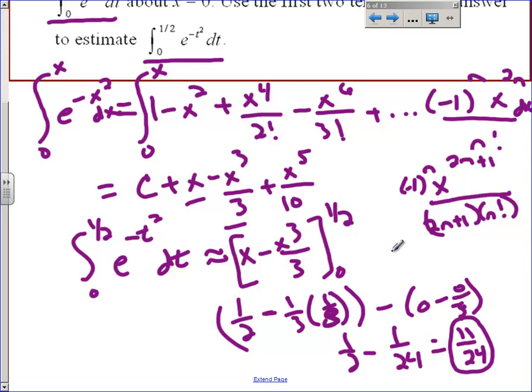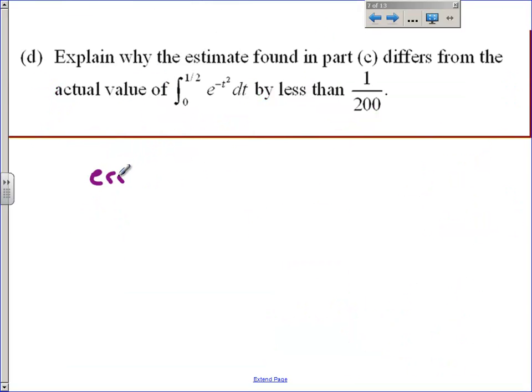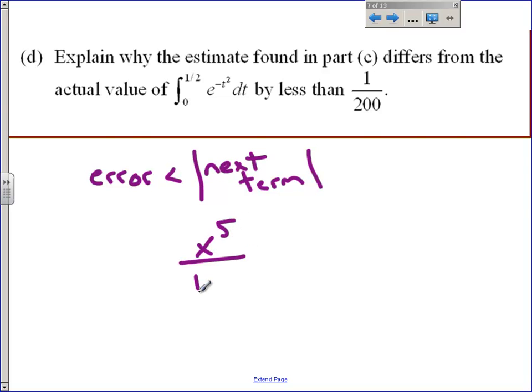So an alternating series error says that the error is less than the absolute value of the next term. Now, I used the first 2 terms, so what was the next term I left off? You can go back and look, but the next term was x to the 5th over 10. That was the 3rd term in my expansion.